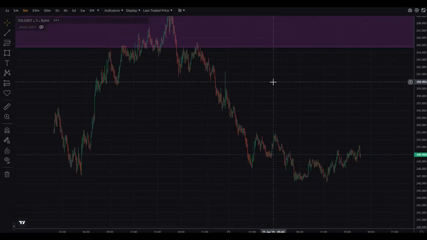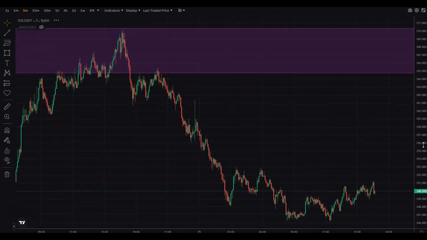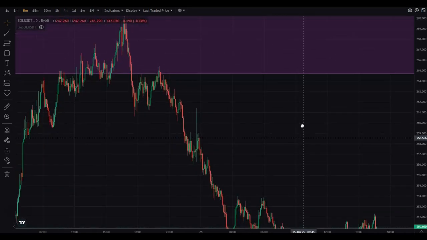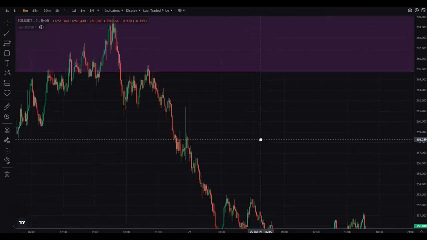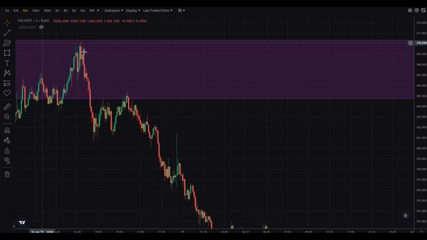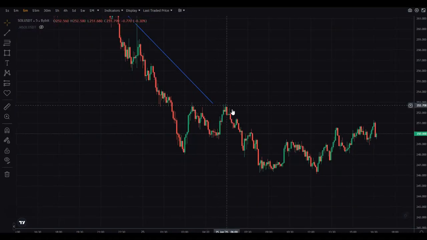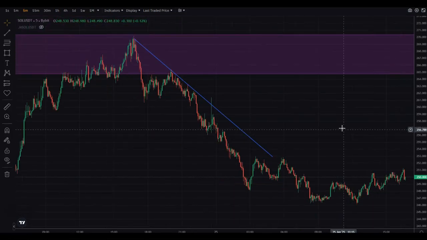The first thing we have to do is to find the trend in which our market is trading in. So here we can clearly see that the market is trading in a downtrend. You can draw trend lines to make it simpler for you to see.